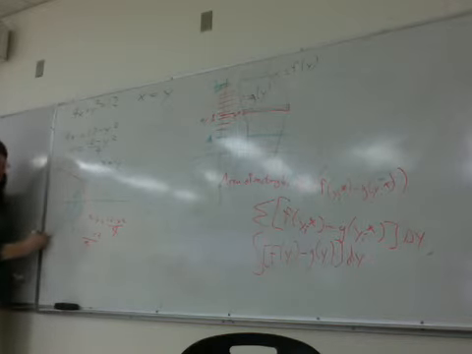So 12 minus y squared over 4 equals y. So 12 minus y squared is 4y. 0 equals y squared plus 4y minus 12. So 0 is y plus 6 times y minus 2. So y is 2 or negative 6.